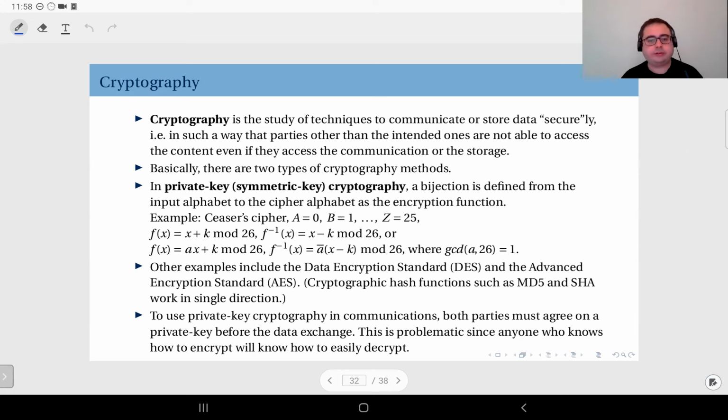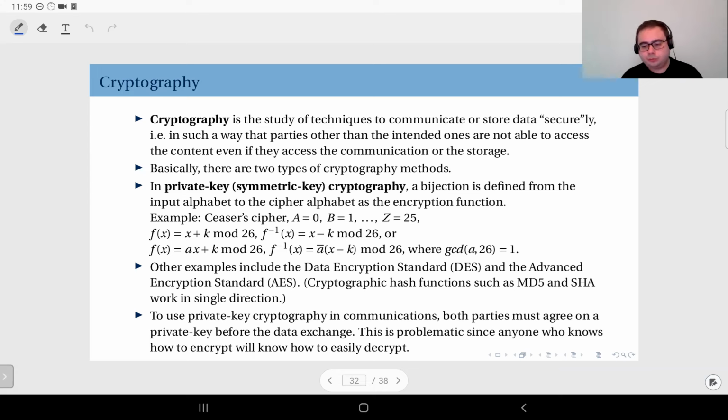So what is it? It's essentially the study of techniques to communicate or store data in a secure way. So when we say secure, what does it mean? In such a way that parties other than the intended ones are not able to access the original content, even if they access the communication or the storage.